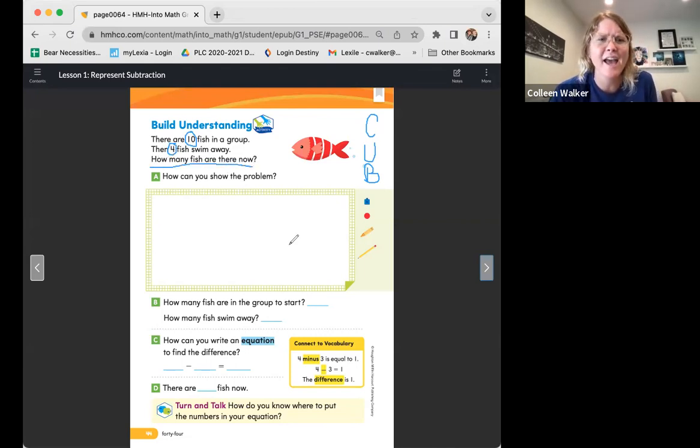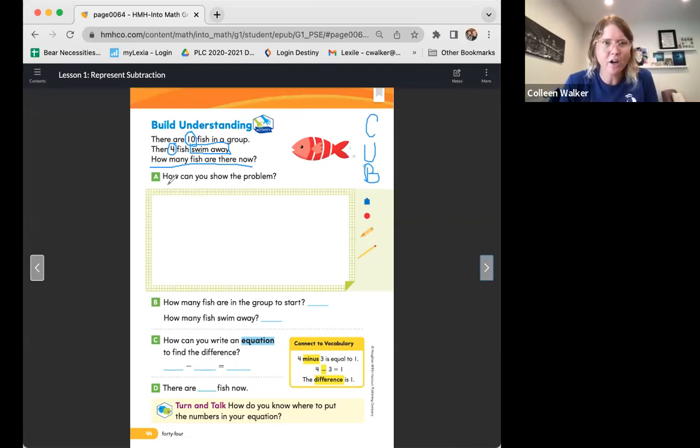Yay. And we need to put a box around some keywords. Let me read it again. There are 10 fish in a group. Then 4 fish swim away. How many fish are there now? They swim away. That is a clue about what we need to do. So let's put a box around swim away.